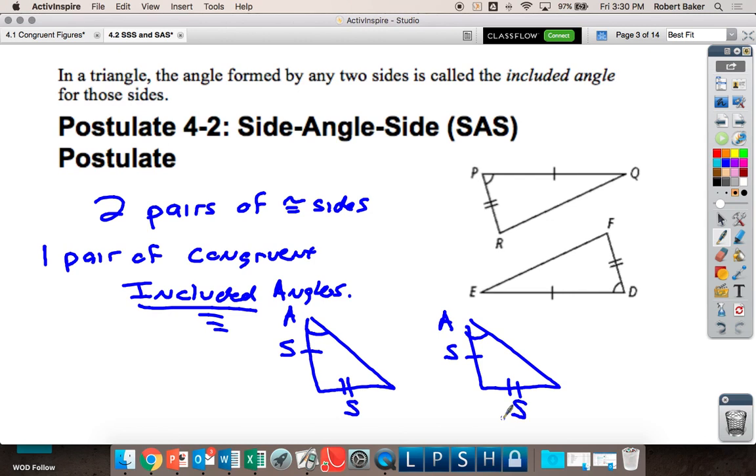Oh, or is it the ASS shortcut? It is the ASS shortcut. And I told you guys that ASS does not prove that it works. That's why the A has to be between the S's. Over here, I have S, S, S, S, A. SAS is the A between the S's. SAS proves congruence. ASS does not.